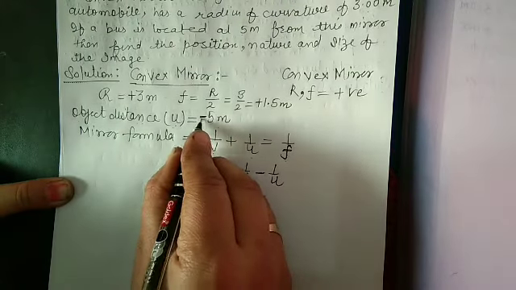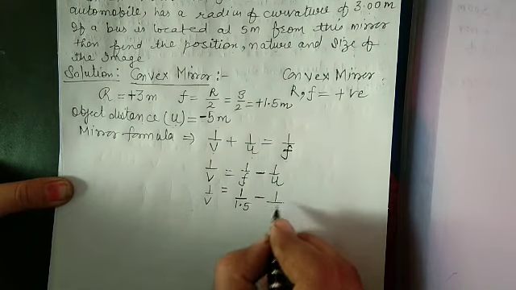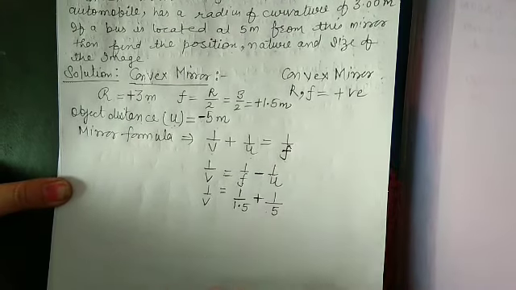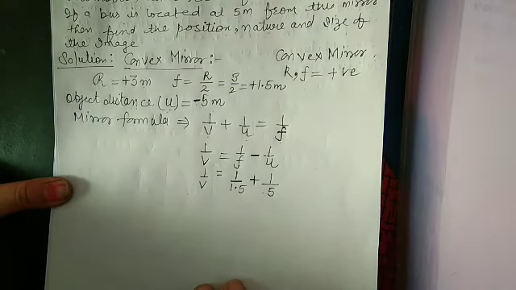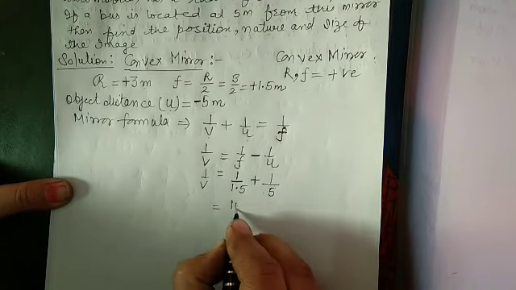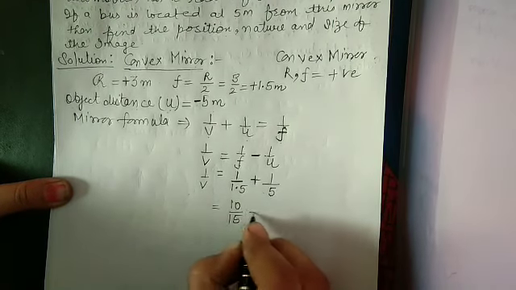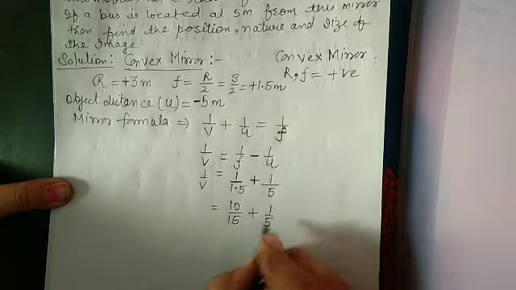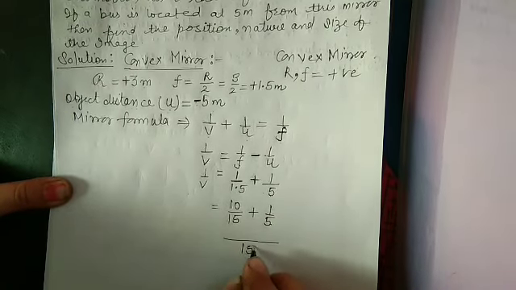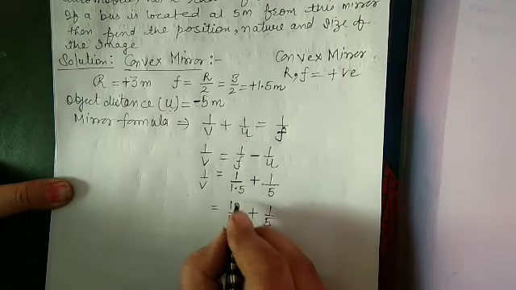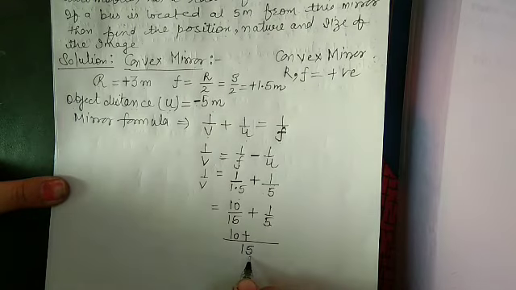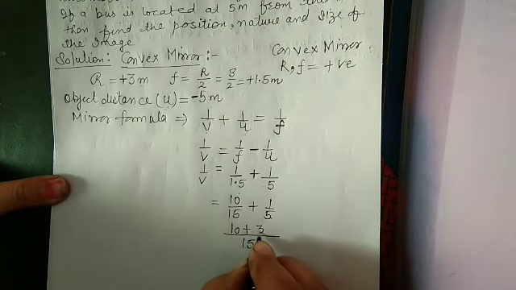What is u? Minus 5. So 1 upon minus 5; this minus will merge with the other one, so overall there will be plus 1 by 5. Removing the decimal, it will be 10 by 15 plus 1 by 5. Taking LCM of 5 and 15, that is 15. 15 ones are 15, multiply 1 by 10. 5 threes are 15, multiply 3 by 1, so 10 plus 3.